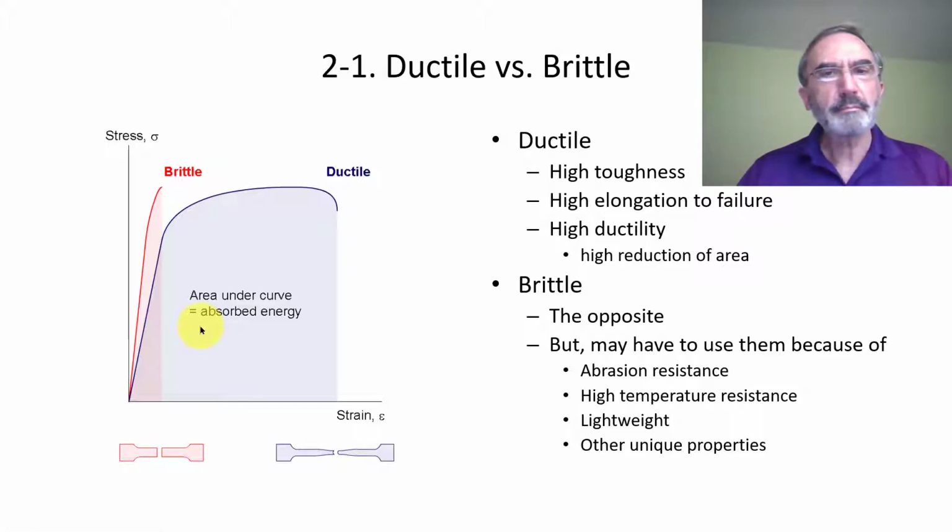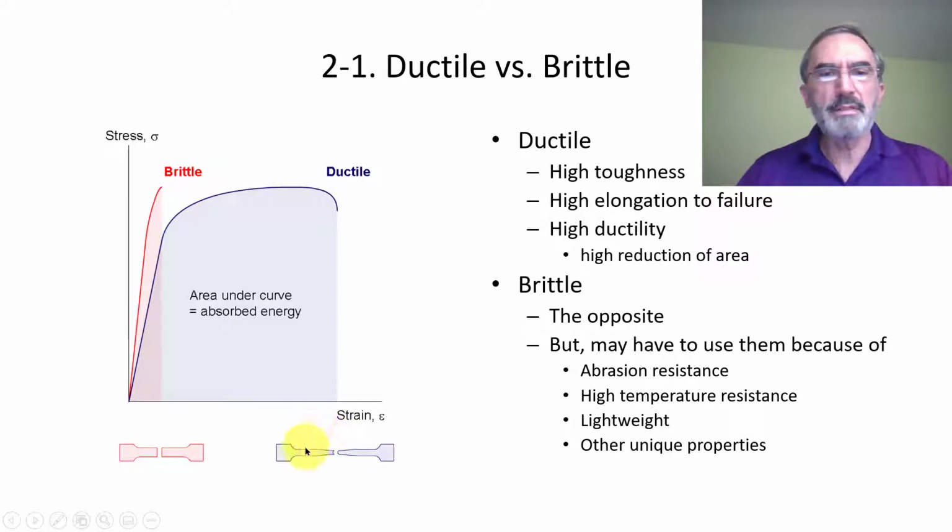And you can see here that ductile has high toughness, which is this area, high elongation to failure, this is the elongation to failure right there, and high ductility, which means high reduction of area, which you cannot see here, but we know that the material will neck and this will happen, so reduction of area will be large.